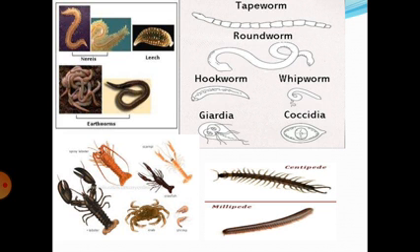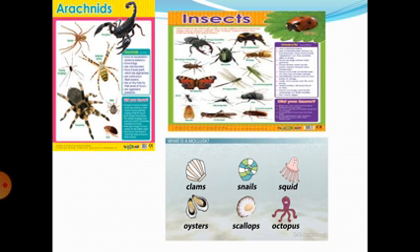Crustaceans like the lobster and crabs have two pairs of antennae. Arachnids do not have antennae or wings, but do have four pairs of legs. Spiders, mites, ticks, and scorpions belong to the class of arthropod known as arachnids.